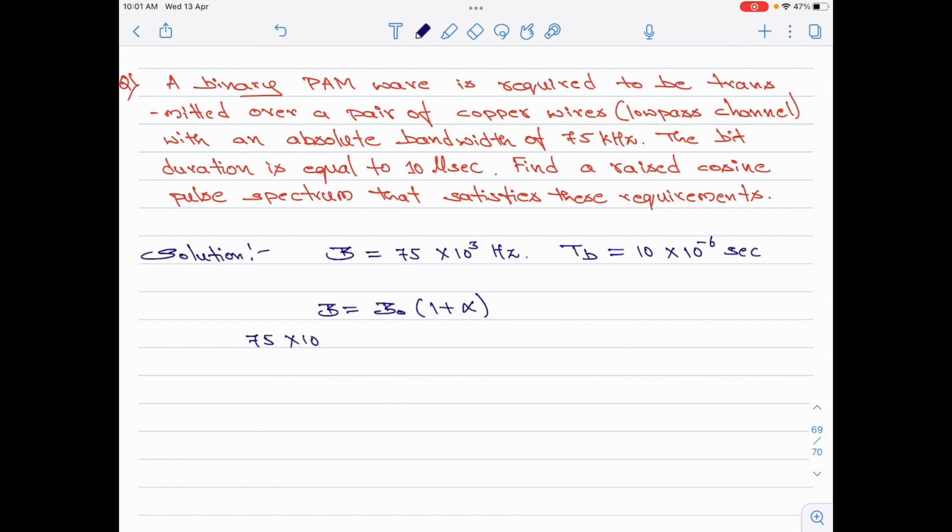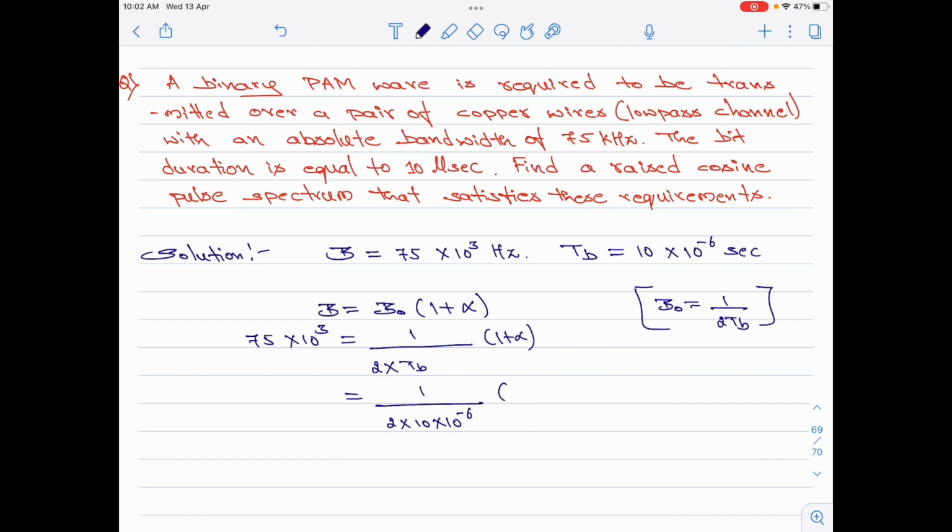So, I will write it as 75 into 10 power 3 equal to B naught, which is not given, but we know that B naught is equal to 1 divided by 2 TB, and I will use this to rewrite it as 1 divided by 2 multiplied by TB into 1 plus alpha. So, this reduces to 1 divided by 2 multiplied by 10 into 10 power of minus 6 into 1 plus alpha.